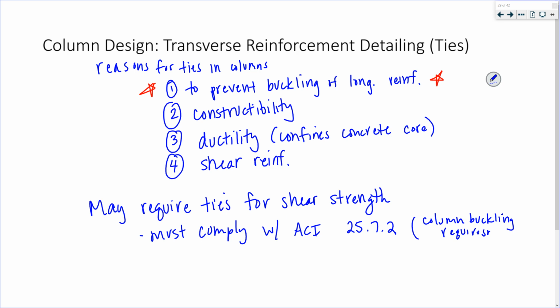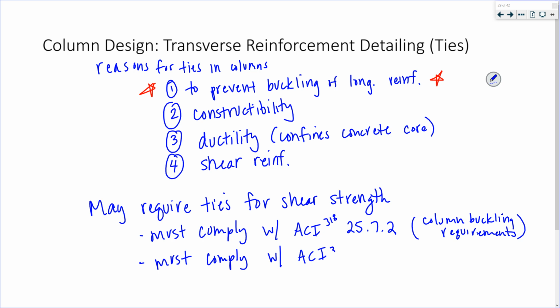So that's to prevent buckling. And you must comply with 318.